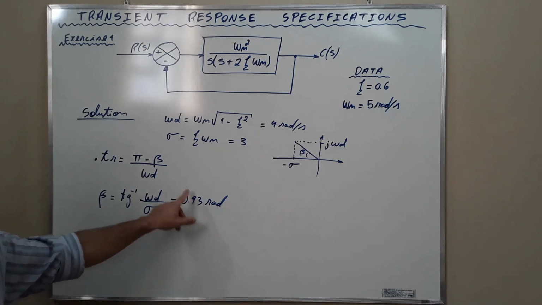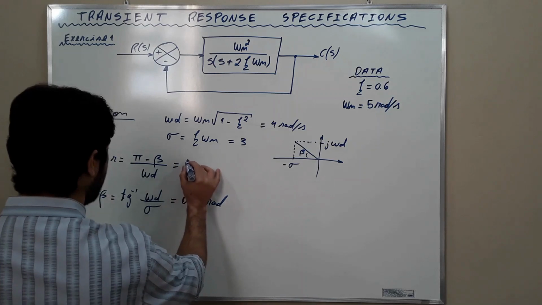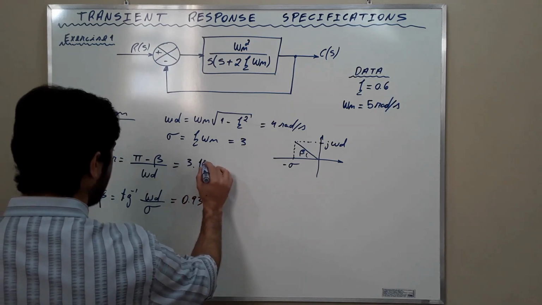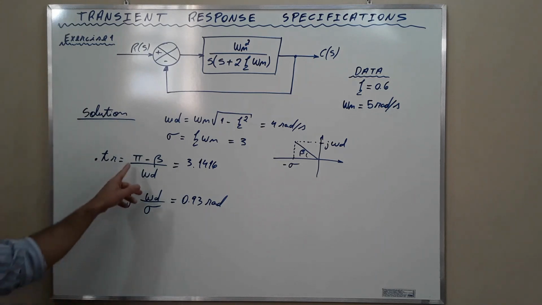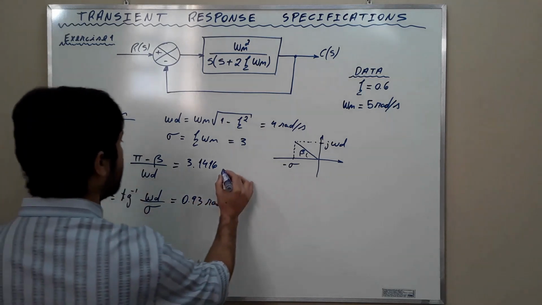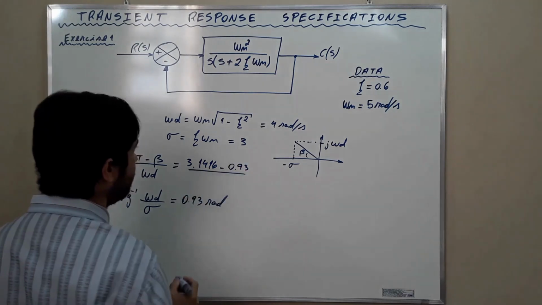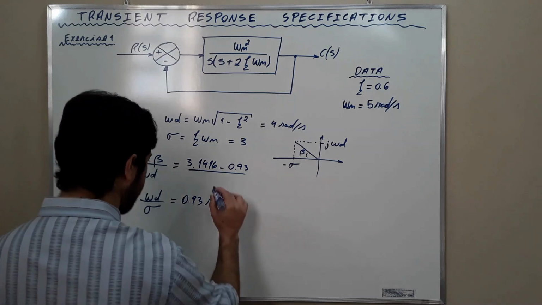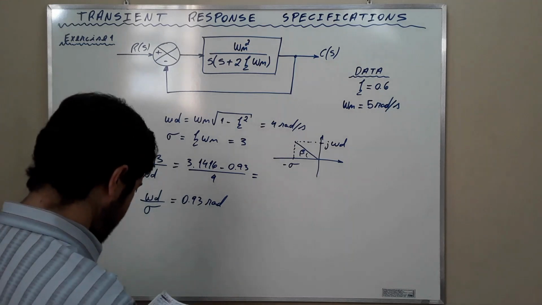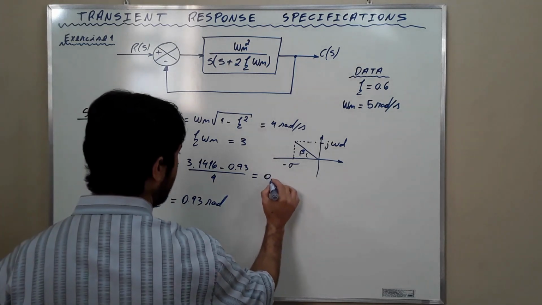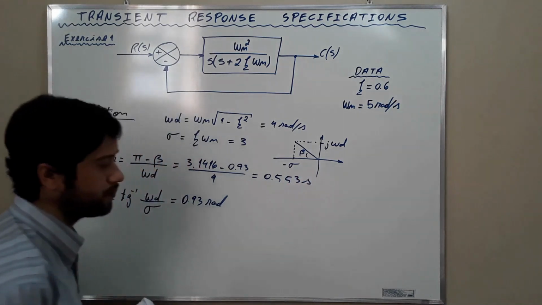And if we use 3.1416, an approximate value for pi, minus 0.93 divided by Wd, which is 4, we get that the rise time is 0.553 seconds.